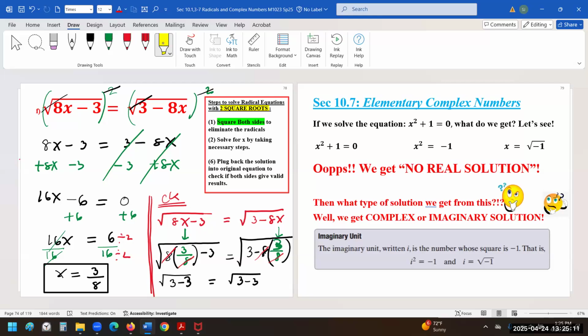And if you multiply two i's, i times i, it means you have square root of -1 times square root of -1. So you end up getting square root of -1 squared. So you get -1. I'm doing something wrong here. I shouldn't do that. Just remember square root of -1, sorry.